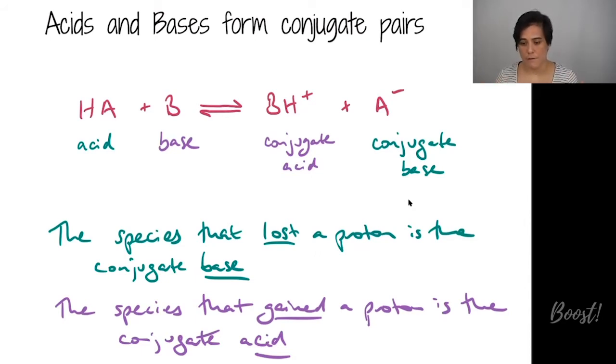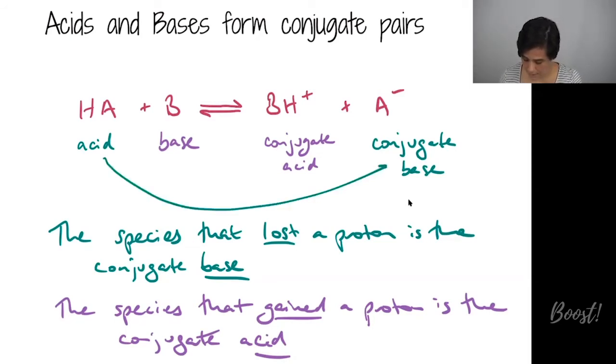And what we can hopefully see is that when the acid, this one over here, releases its proton, what's remaining is the A-, and that A- is called the conjugate base. So the acid and the conjugate base are a pair, and this is called a conjugate pair.